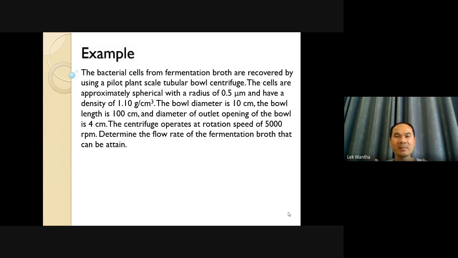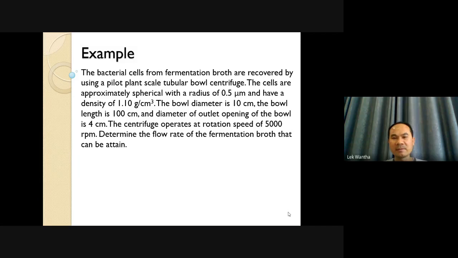The diameter of the centrifuge is 10 centimeter, the length is 100 centimeter, and the diameter of the outlet opening of the bowl is 4 centimeter. We operate at 5,000 RPM, the rotation speed.